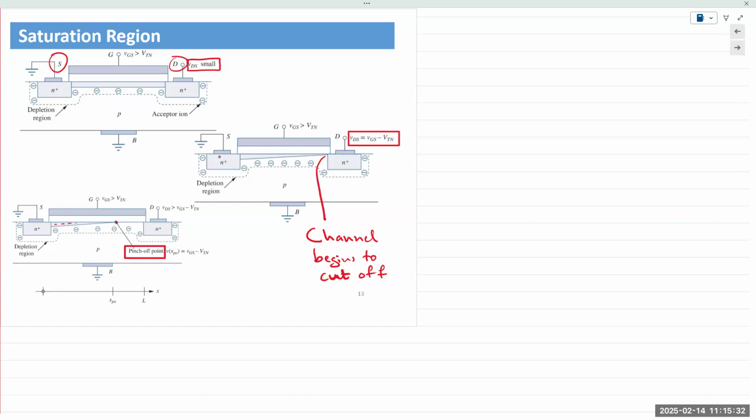So there are electrons here. Those are free charge carriers. They would continue on and get injected in the depletion region. So right here, we would say electrons are pulled or injected into the depletion region.